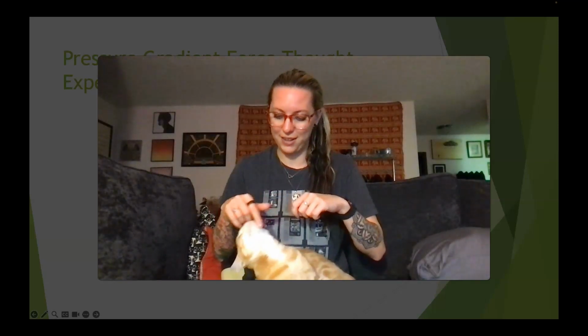Going back to Newton's laws, there was gravity, and gravity always points down, because gravity is always putting us down. And with the pressure gradient force, we need to determine what is happening.